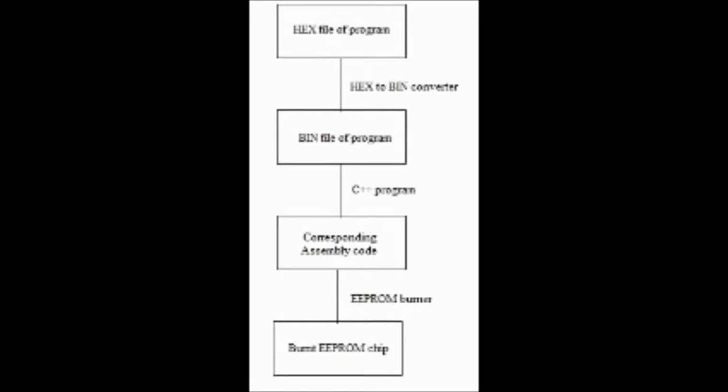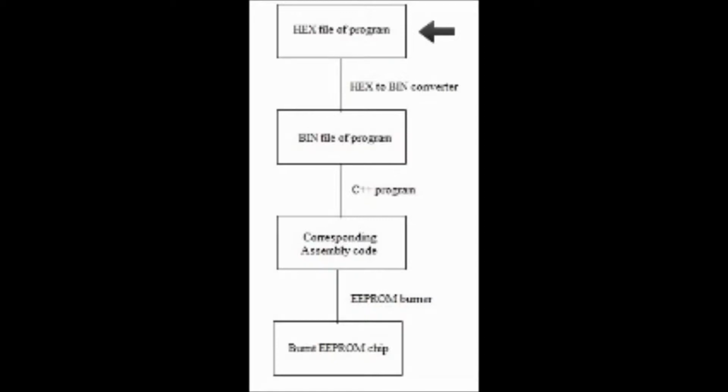The first step of our project is burning the EEPROM from where the opcodes will be fetched by the microcontrollers. Our EEPROM is the 28C64A, which is an 8 kilobyte ROM. As you can see in the block diagram, first we make an assembly level program that has to be executed in parallel.